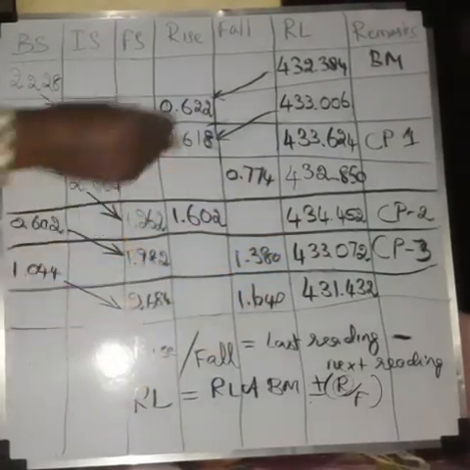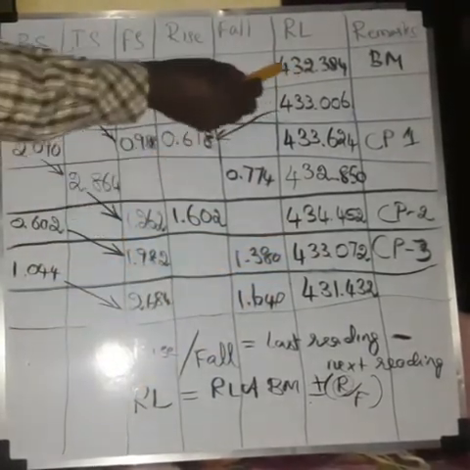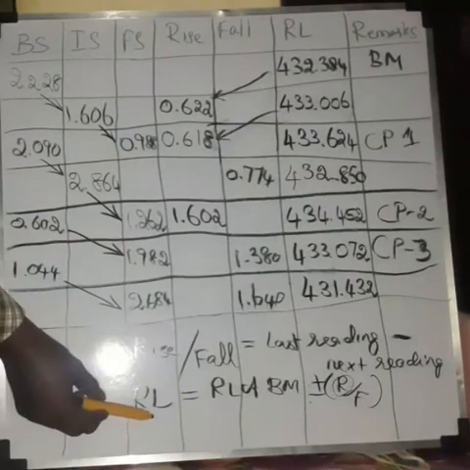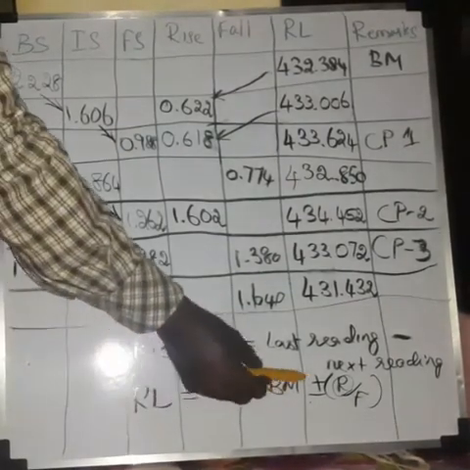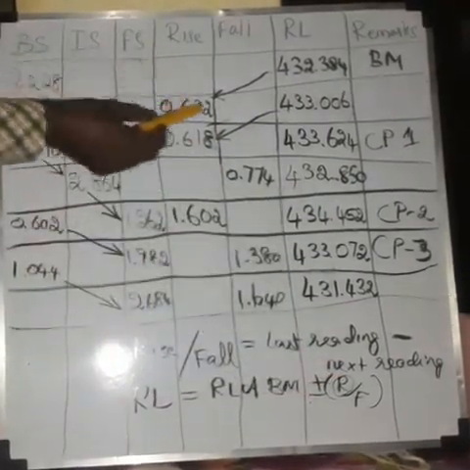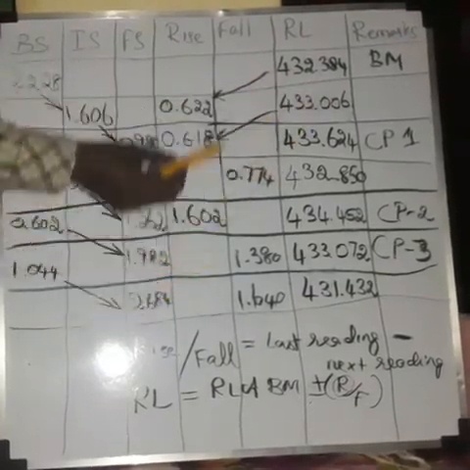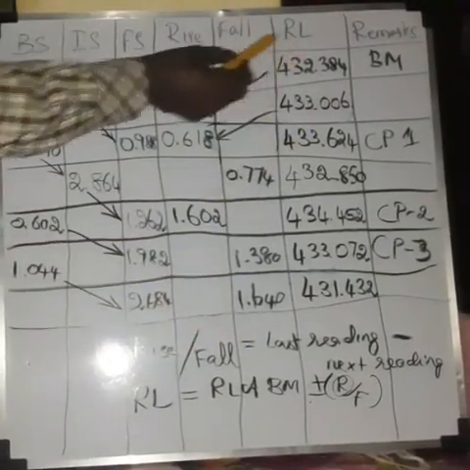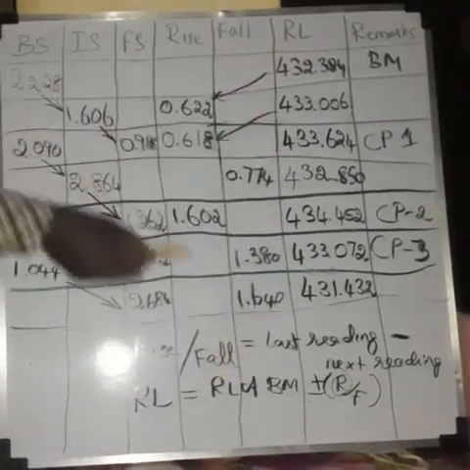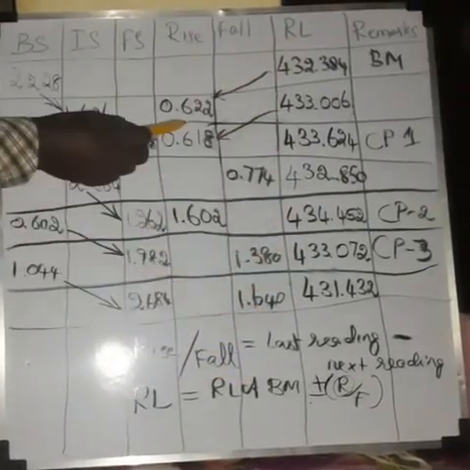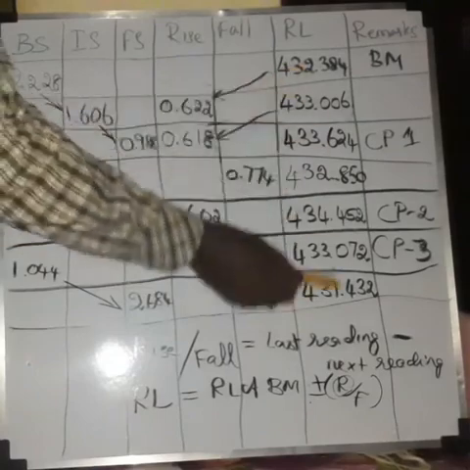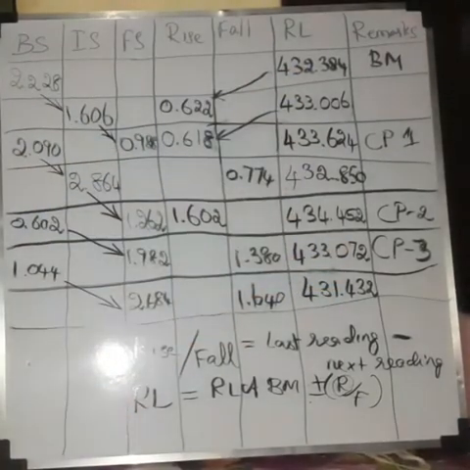Finally, you can find the reduced level. RL of the reduced object equals RL of benchmark plus or minus rise or fall. So you can add or subtract the value found here to get the final reduced level.